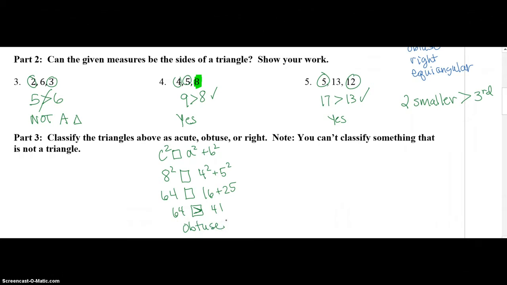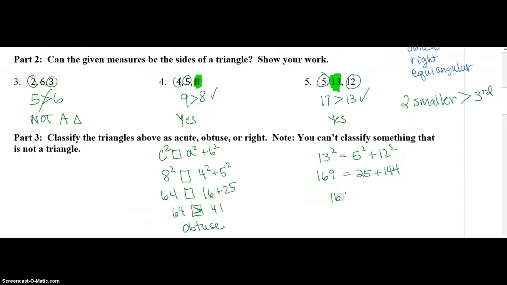Okay, so looking at number 5, again, c has to be the largest side, so we will do 13 squared equals 5 squared plus 12 squared. Notice we are not solving for a variable, we're just simplifying both sides to see if it makes a true statement.